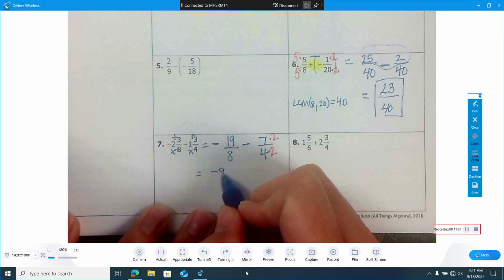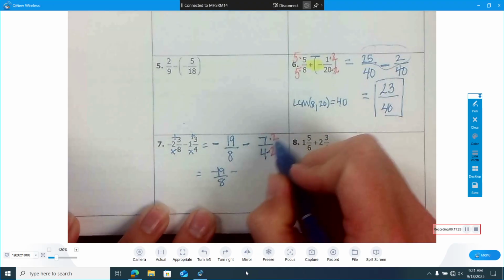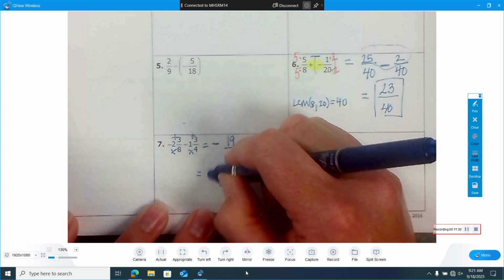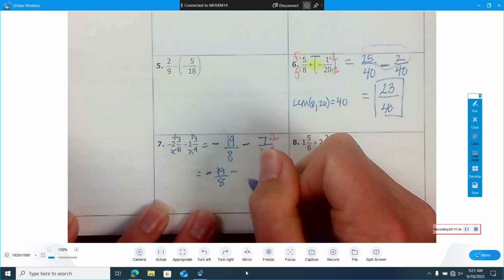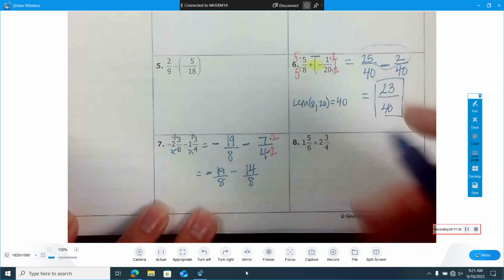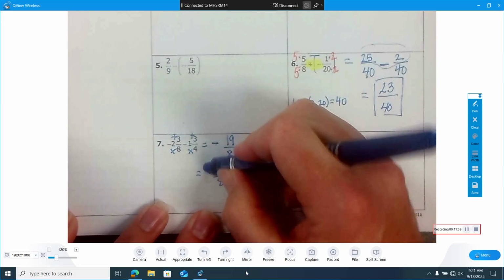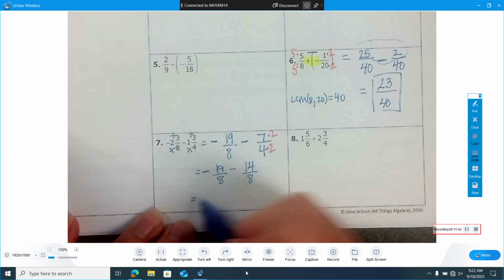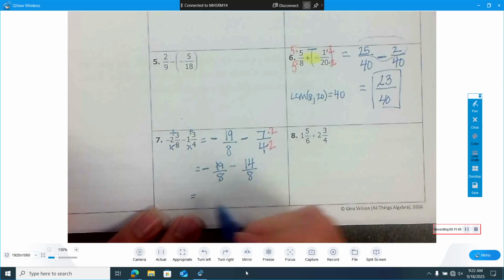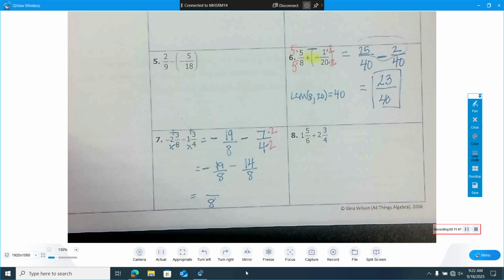We have negative 19 over 8 minus, what does my second fraction become? 14 over 8. Very good. So we get 14 eighths. Do the denominators match? Yes, they do. So we keep the denominator the same.